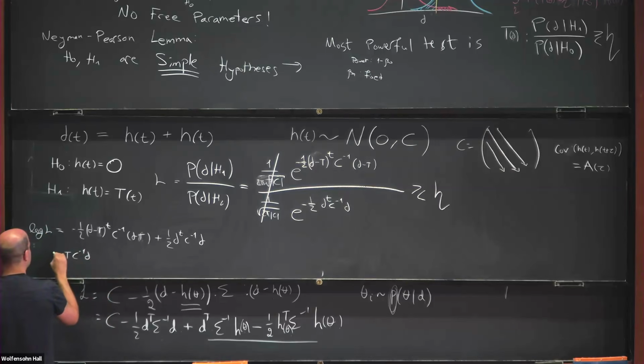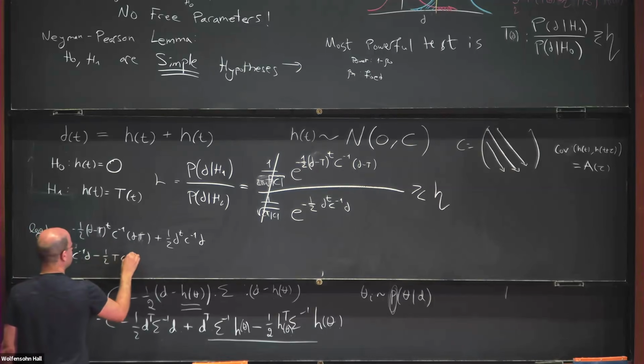And we'll have two of that because the matrix C is symmetric, okay? 2 times t c minus 1d, but the minus half t c minus 1t, okay?